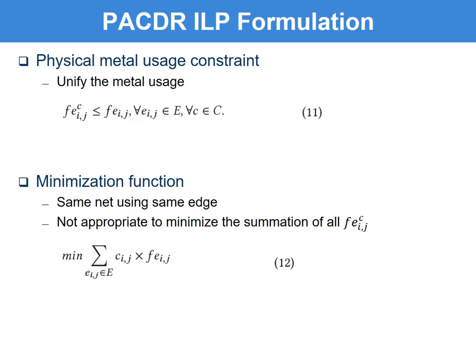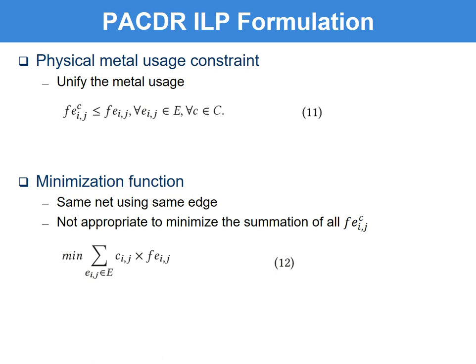Minimizing the sum of every routing net is not a straightforward task because there are several edges shared within the same net. To address this issue, we can unify the total metal usage to solve the problem. The physical metal usage constraint indicates that if there is more than one net sharing an edge, the edge should only be counted once.